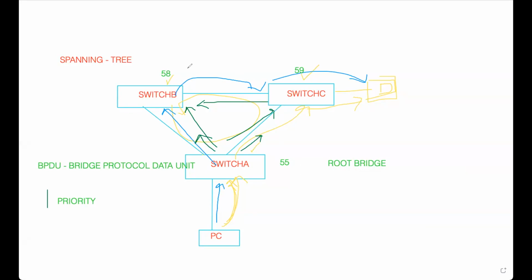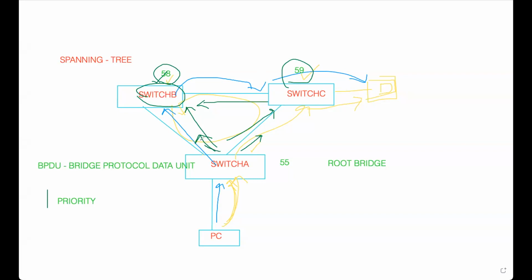So next up, 58 versus 59. Which one will be selected first? Switch B, because it has the next lower priority. So this one will be the next forwarding switch.